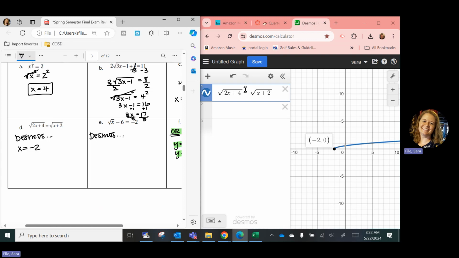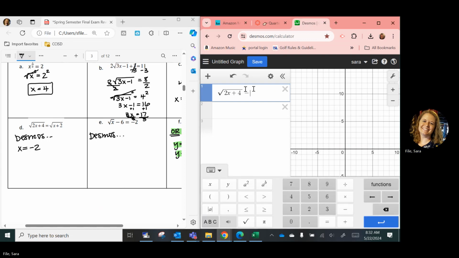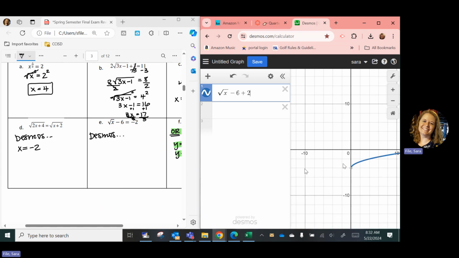Let's do this one, the square root of x minus 6. And then that -2 on the right, to move it to the left, I would have to add 2. So it would be plus 2 if I wanted to set it equal to 0. And then I'm looking for the x-intercept.